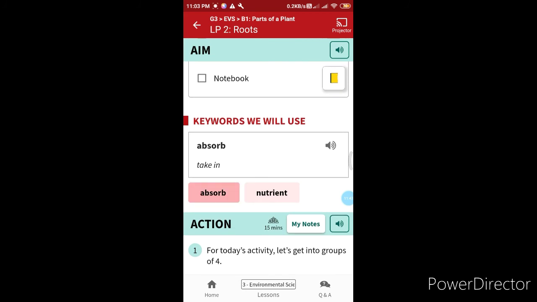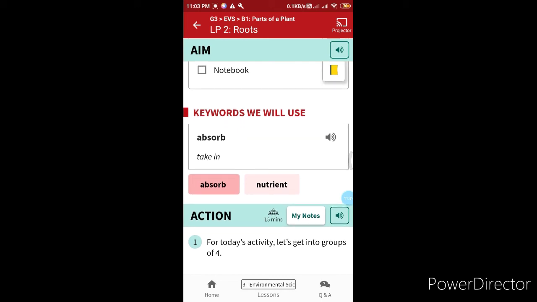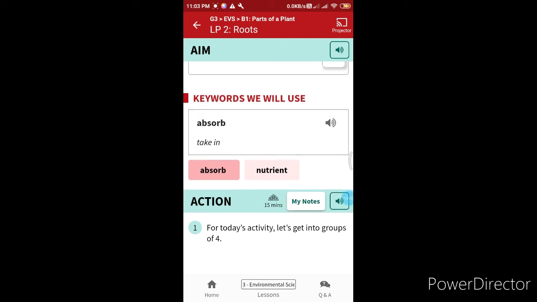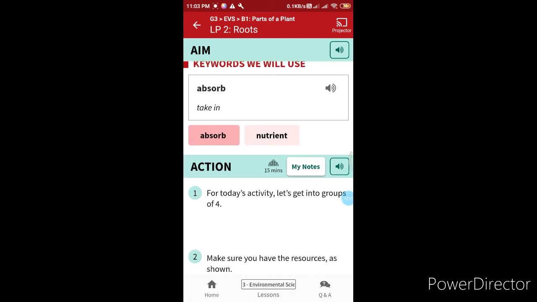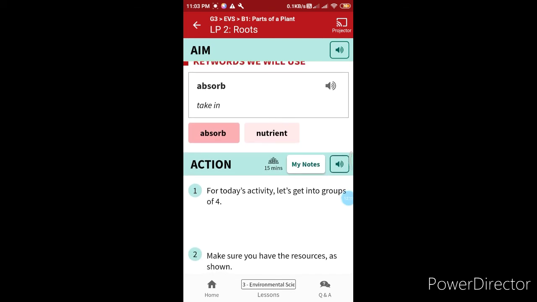And as I told you, 2 keywords are in the 1.2 exercise. Those are absorb. Absorb means taking in. So the roots are absorbing. What are they absorbing? They are absorbing water and nutrients. And nutrients, which help for the growth of the plant, are known as nutrients. So who is absorbing the nutrients?